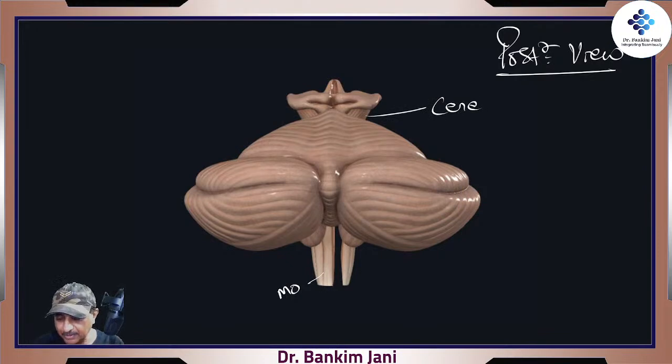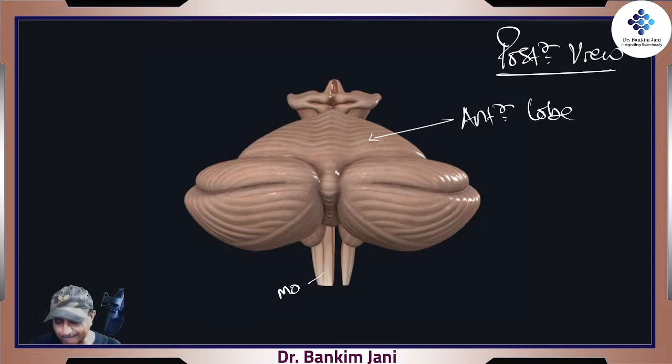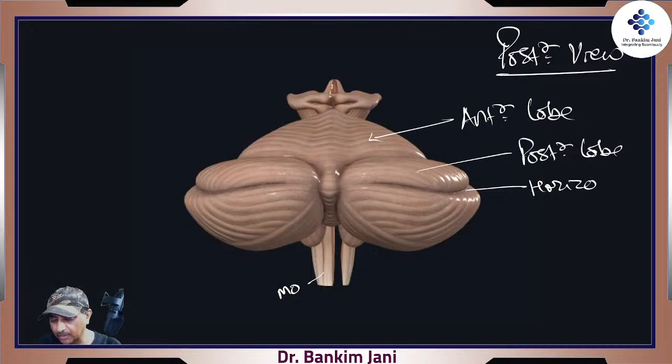Meantime, this is the anterior lobe, and this whole thing is the posterior lobe. Think of this horizontal fissure. Now you need to visualize a bit.